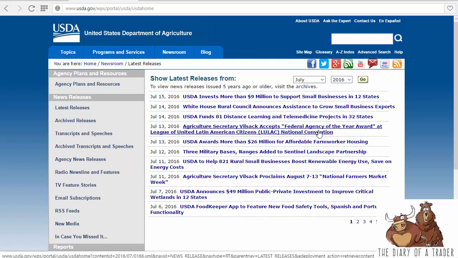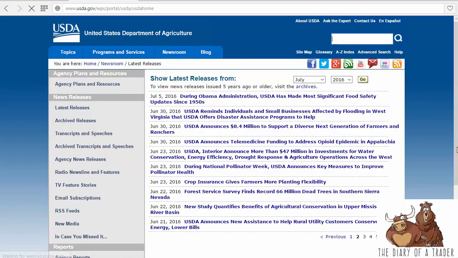That being said, you can look for various releases that may affect the markets that you want to trade. And as you can see, there is a lot to glean from these websites.